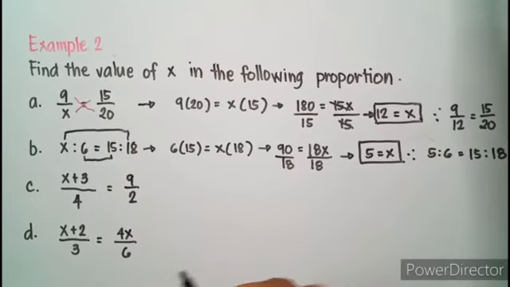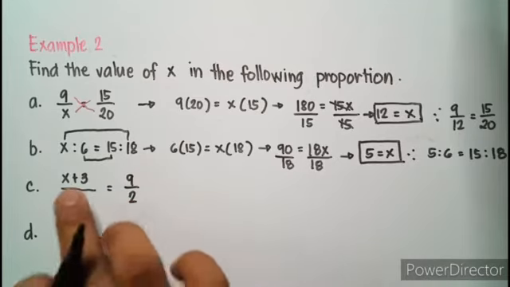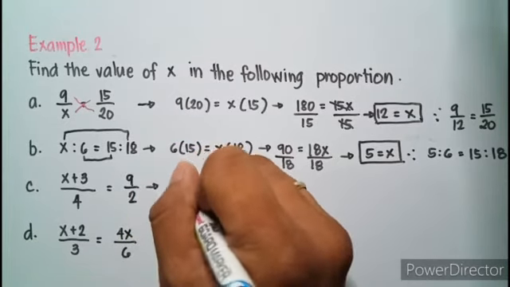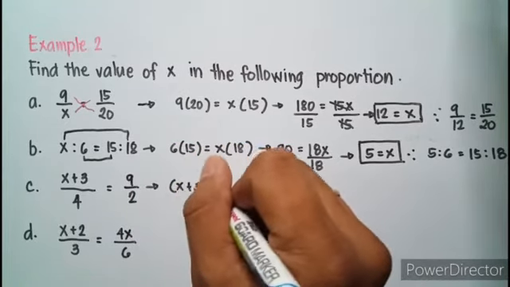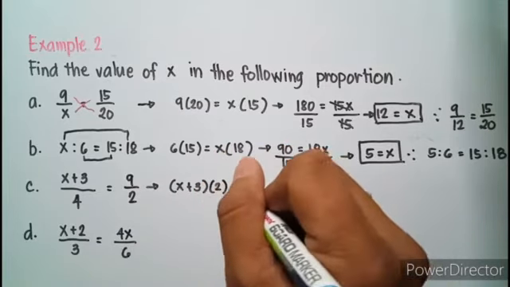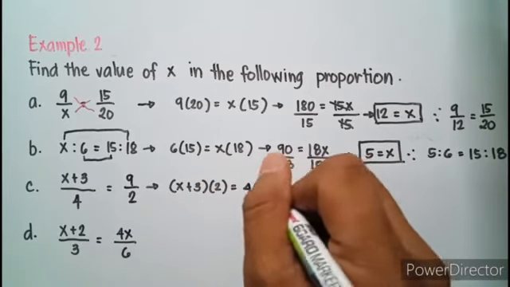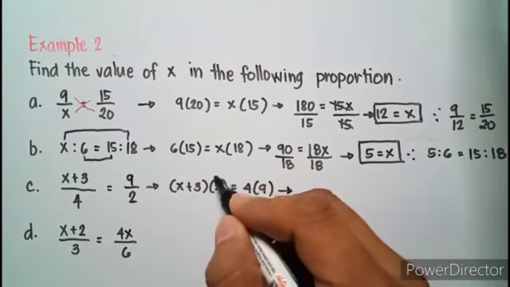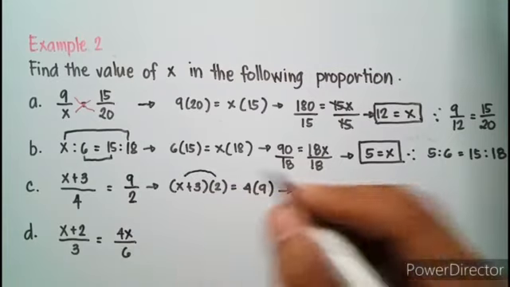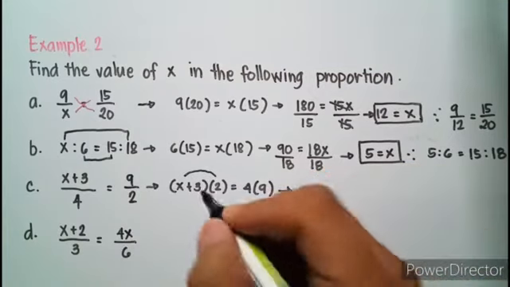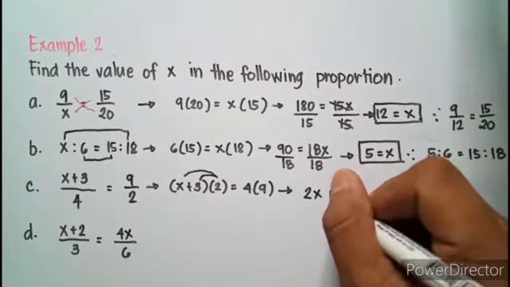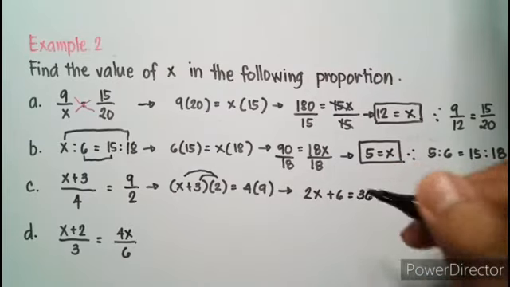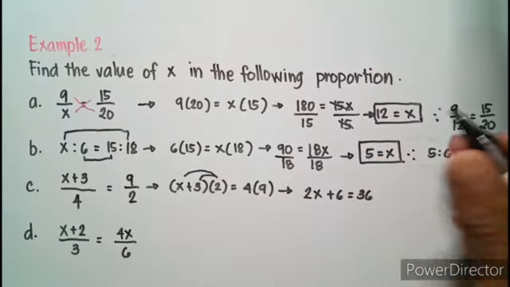Then for number 3, we're going to cross multiply. So we have x plus 3 times 2 is equal to 4 times 9. So this is equal to, using the distributive property, 2 times x, that is 2x. Then 2 times 3, that is 6. So plus 6 is equal to 36. Then we're going to apply the addition property of equality.